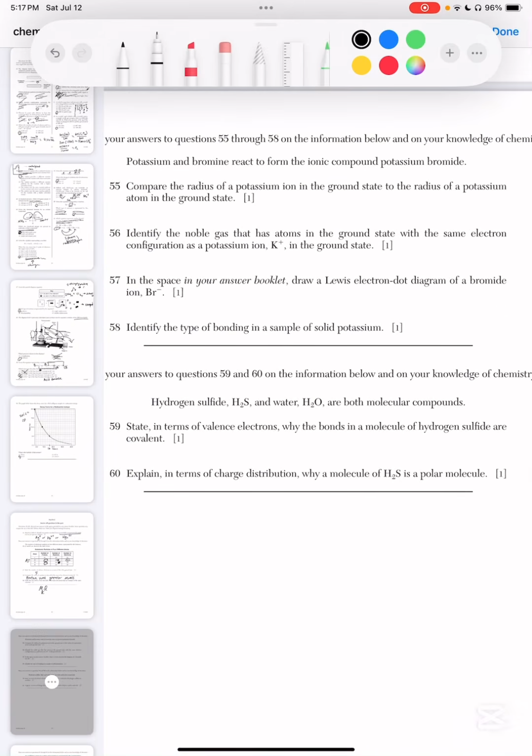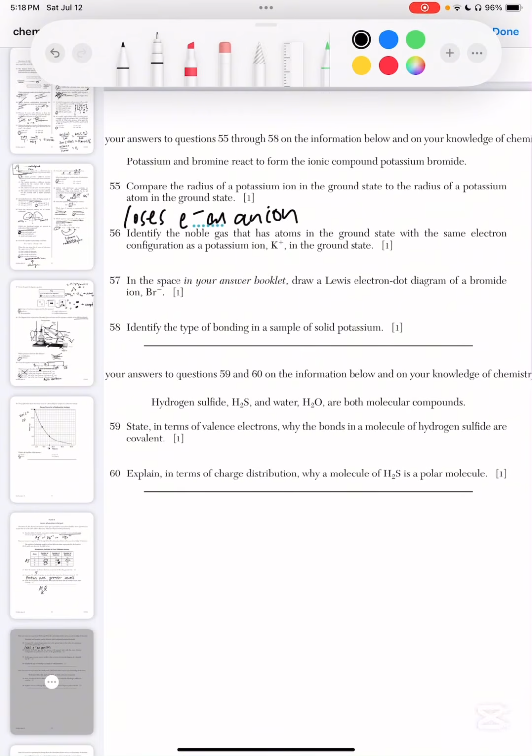Compare the radius of a potassium ion to the radius of a potassium atom. As a metal, potassium loses electrons as an ion. When you lose electrons, you become smaller, right?